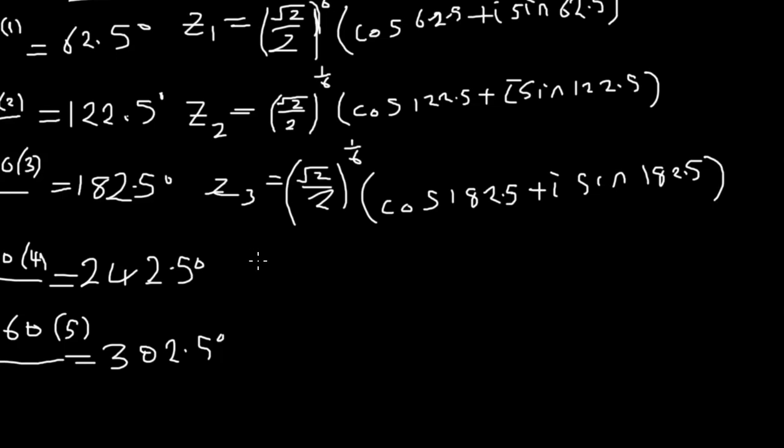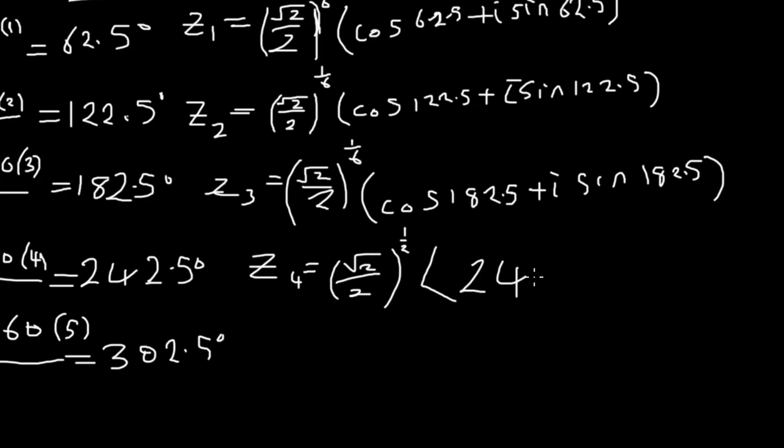Z4. So Z4, you can write it the way it is and just keep changing the arguments. So it's going to be root 2 over 2 to the power 1 over 6. Then my argument is going to be 242.5 degrees.